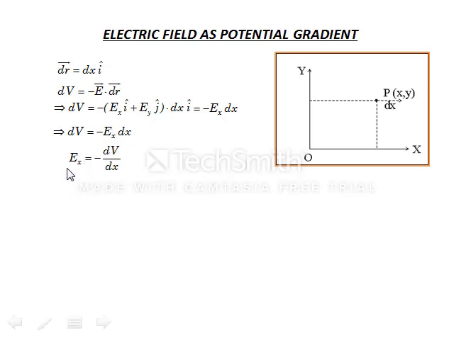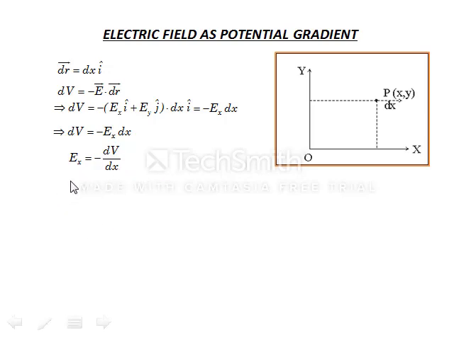The x component of electric field Ex is minus the rate of change of potential with respect to x. Or we could say that this x component of electric field is the rate of decrease of potential, the drop in potential by the distance moved.